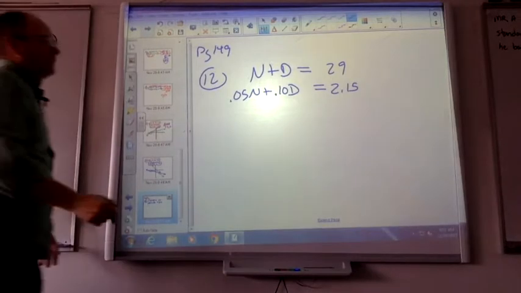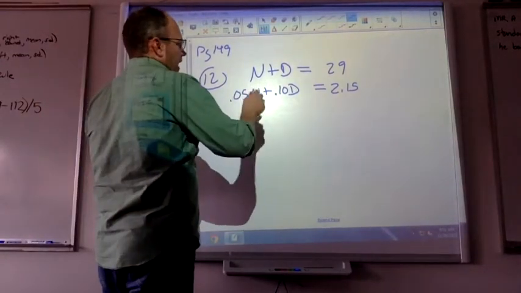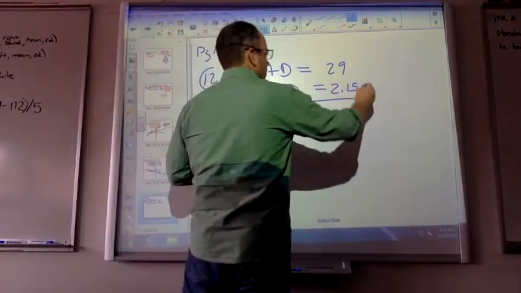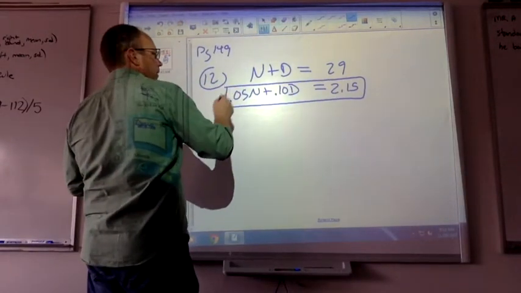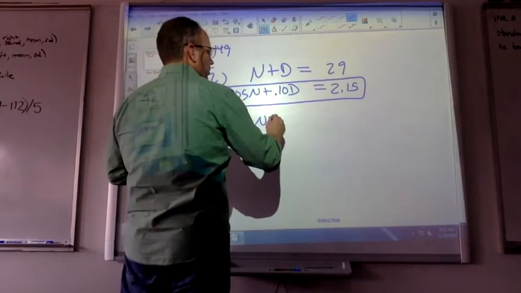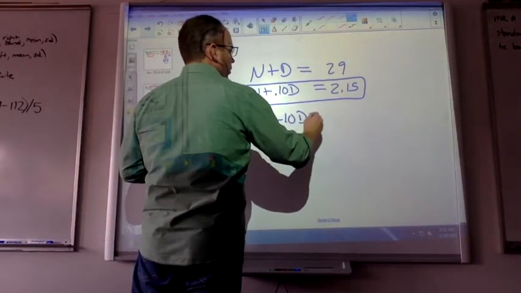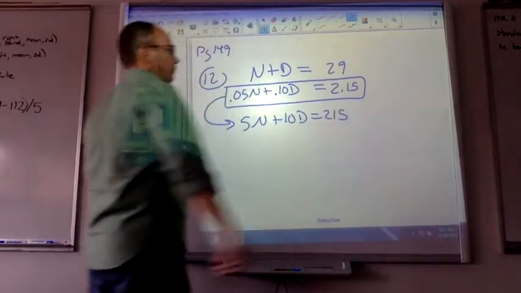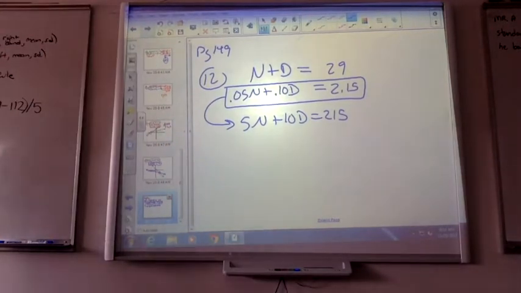Not a big fan of having decimals in here, so I'm going to move the decimal. I'm going to switch this equation to 5n plus 10d equals 215. Basically I just multiplied that equation by 100. That way I didn't have to deal with a decimal.